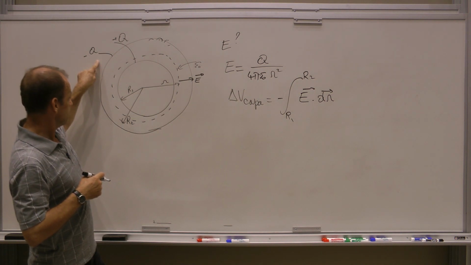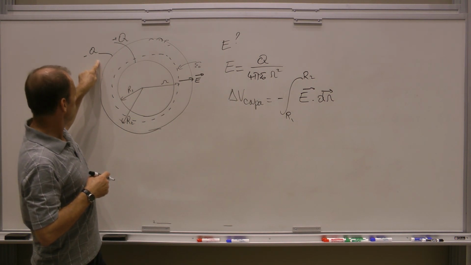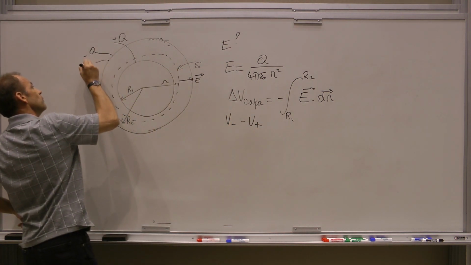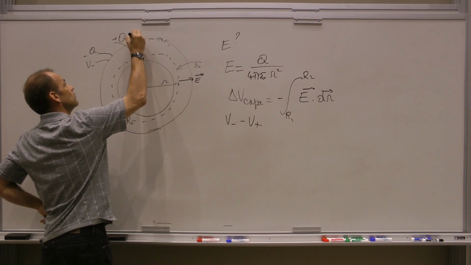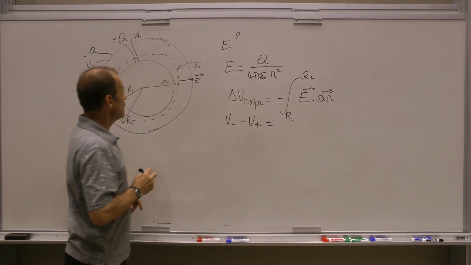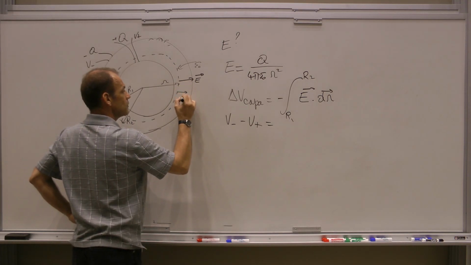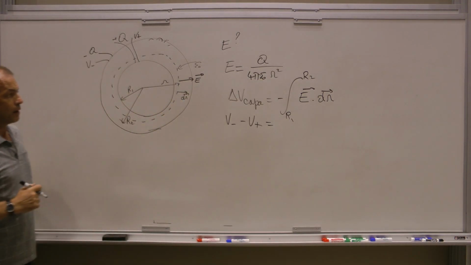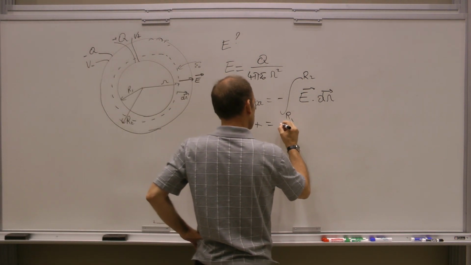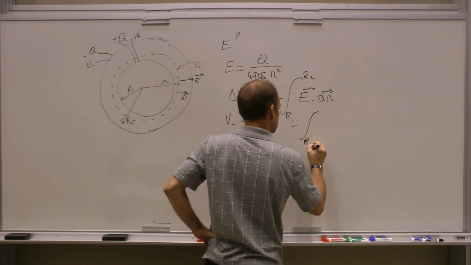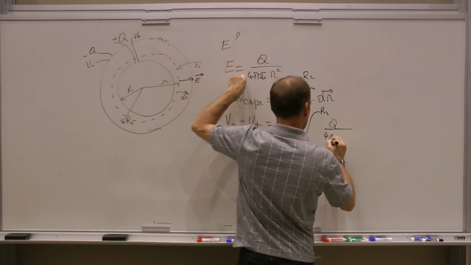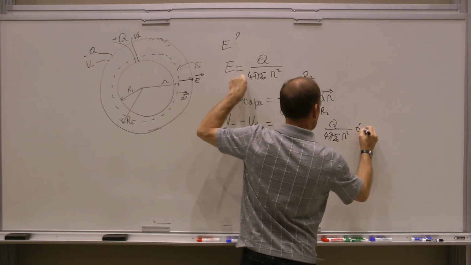Final plate is the outer R2, so this is V minus minus V plus. So that would be associated with a V minus, and that would be associated with a V plus. And we're saying that this is equal, therefore, to the negative of the integral of E dot dr. I am moving in this direction, so that will be a small element of incremental motion along this direction. Therefore, it will be equal to the negative of the integral from R1 to R2 of E dot dr, which is simply Q over 4 pi epsilon 0 r squared dr.